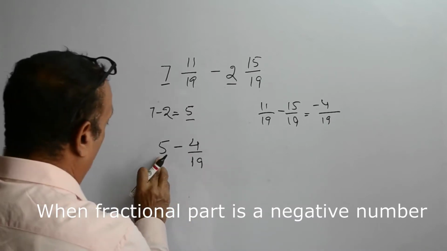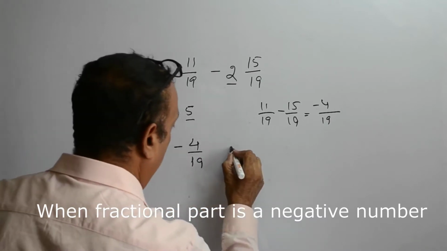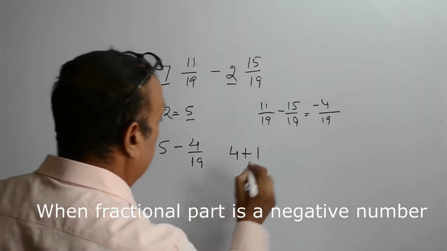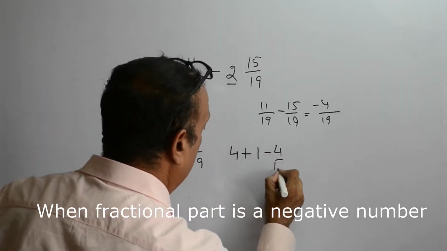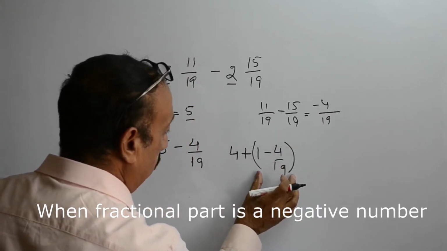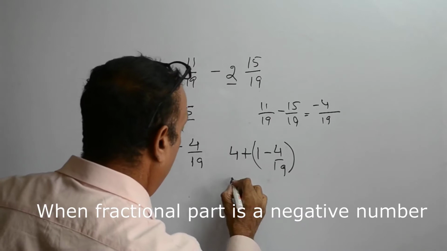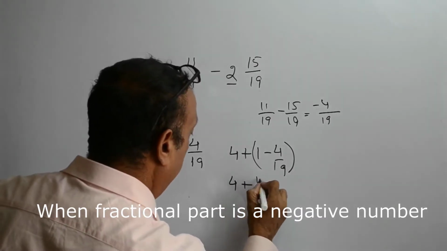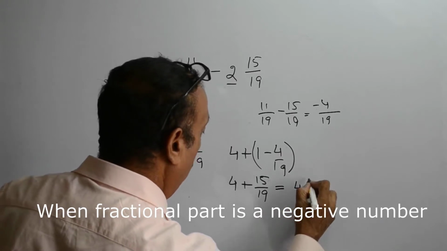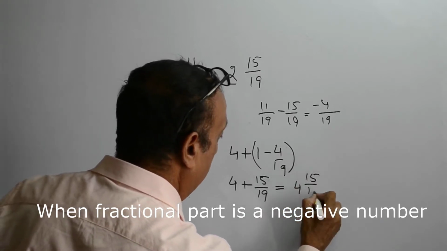Now borrow 1 from this 5. 4 plus 1. We have borrowed this one from 5. Minus 4 upon 19. So we need to solve this portion. 4 plus 15 upon 19. So the answer is 4 whole number 15 upon 19.